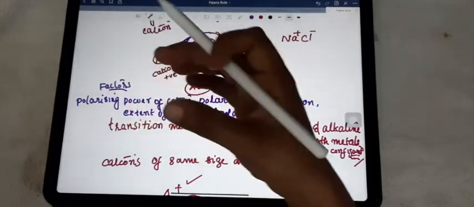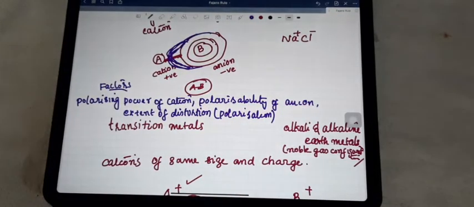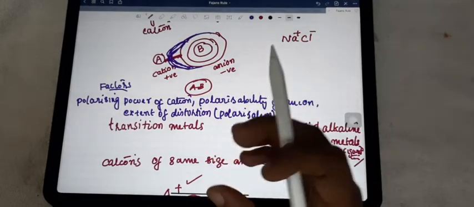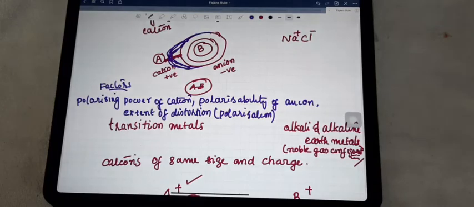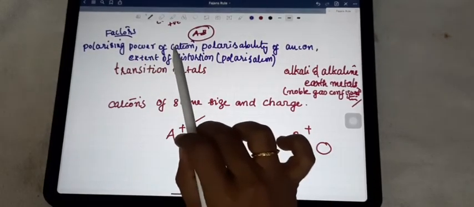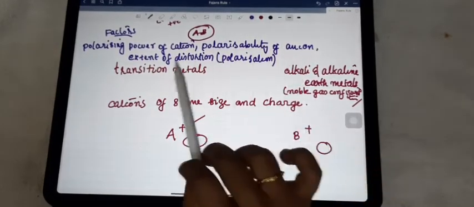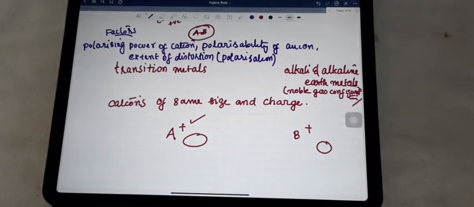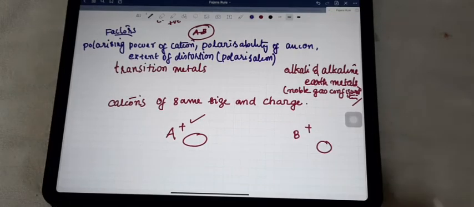Due to the positive charge, the negative charge gets distorted in shape. That is said to be the extent of distortion or polarization. These are the three factors: polarizing power of the cation, polarizability of the anion, and the extent of distortion or polarization. Those are the three factors which determine the degree or percentage of covalent character in an ionic bond.